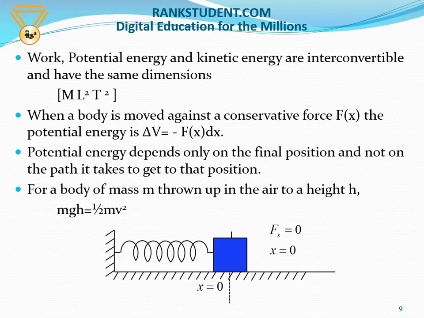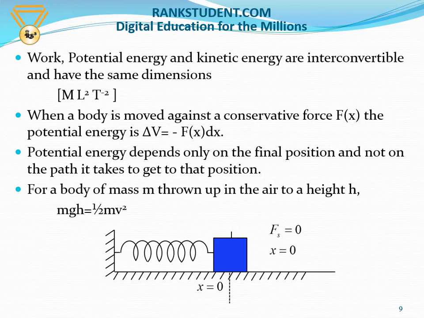The potential energy depends only on its final position and not on the path that it takes to get to that position. It does not matter how you move a stone from position A to position B. It's only the location of position B that determines its potential energy.